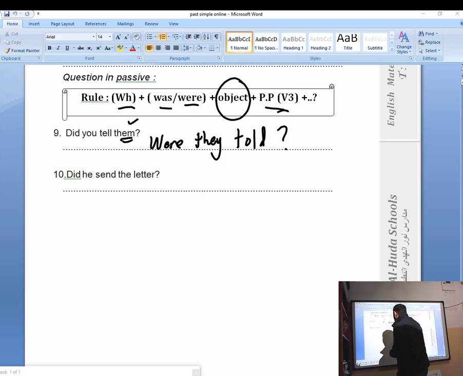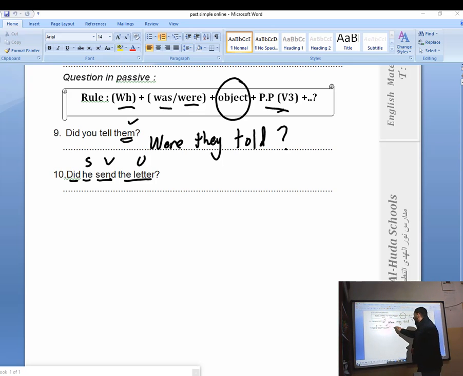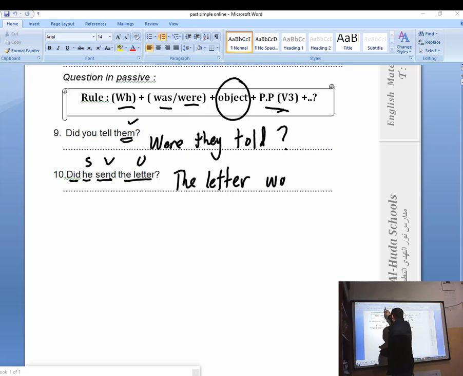Did he send the letter? Here, he is the subject. Send is the verb. The letter is the object. We start with the object. The letter. Of course, we use was because it is singular. Was the letter.